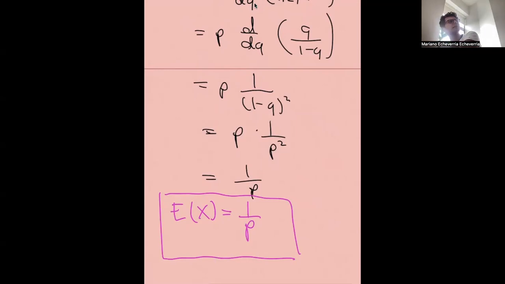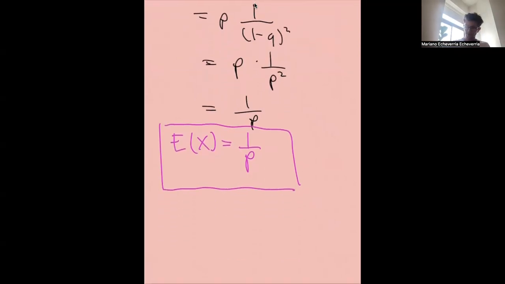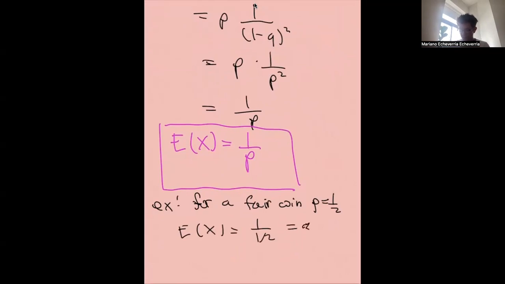And so what does that mean? For example, for a fair coin, let's make this more concrete. Where the probability is 1/2, the expected value is 1 over 1/2, which is 2. So that means that on average, if you throw a fair coin, you would expect to need 2 throws to get a heads, which is more or less plausible.